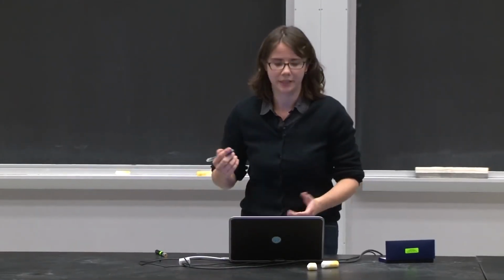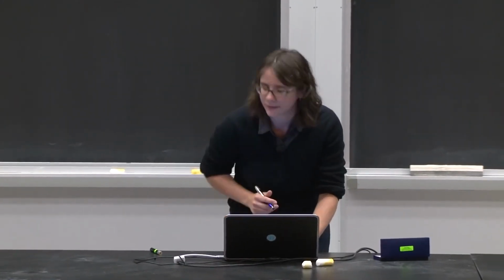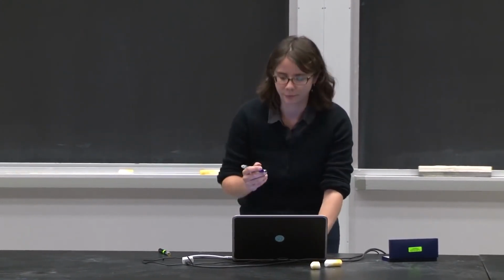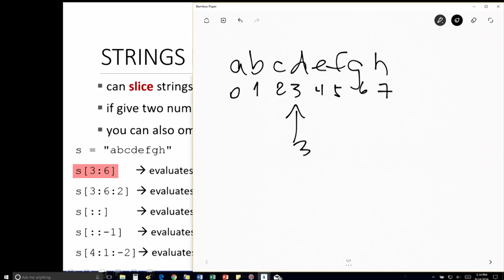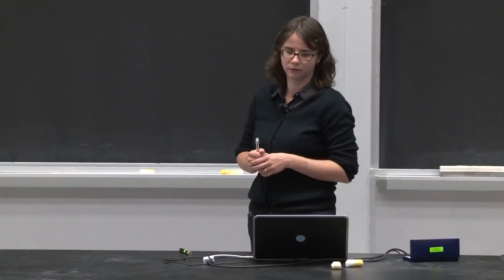And you just count. So s, starting from 3 and going till 6, is going to start here, 3. So it's going to come up with D, and then we're going to take E, and then we're going to take F. And since we're going until stop minus 1, we're not going to take G, because this is position 6, and we're going until 6 minus 1.